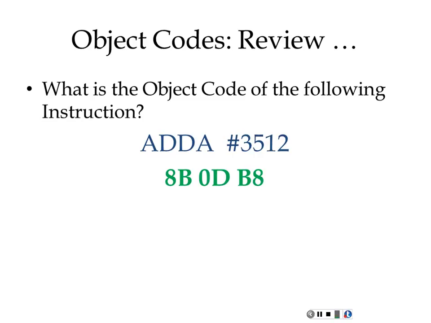We got DB8, and then we fill the left position with 0, so that's how it becomes 0DB8. Don't forget that you always want to write it in hex. So 3512, since it is decimal, we convert it into hex, which is DB8, but we just fill the leftmost digit with 0.